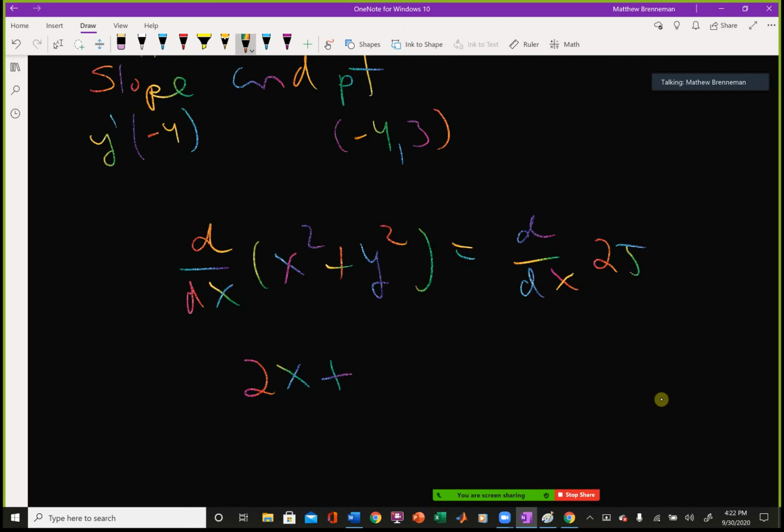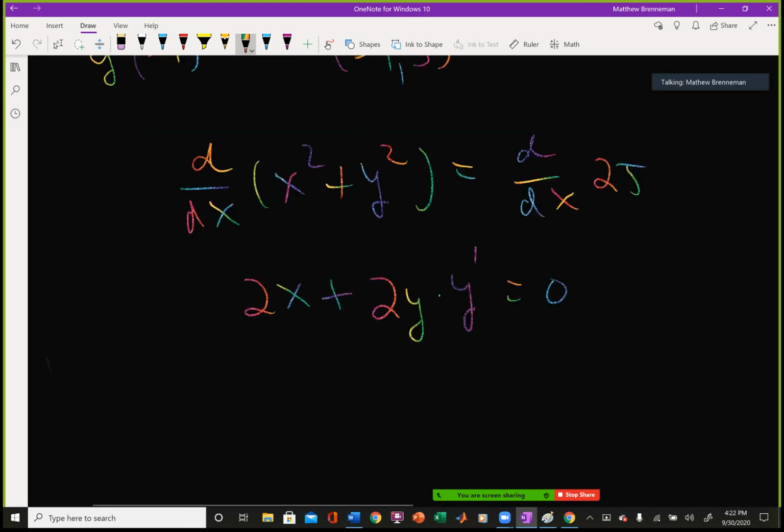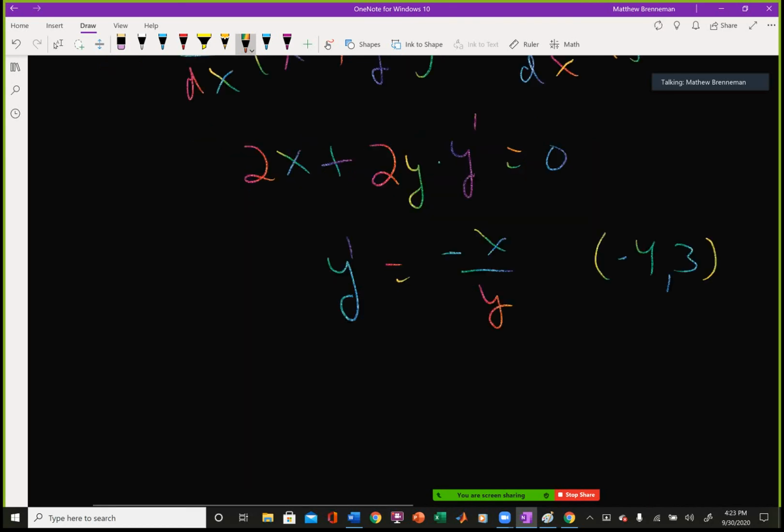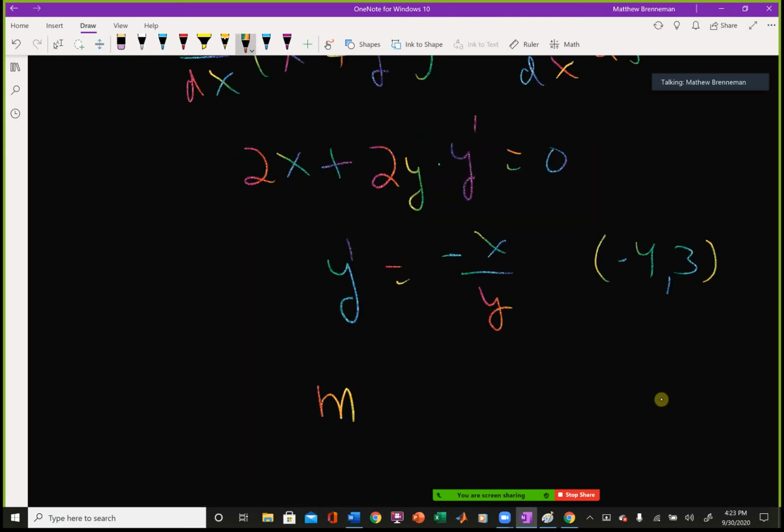So first I take the derivative of y squared with respect to y, which is 2y, and I multiply it by y prime, and I get 0. And when I solve for y prime, I'm going to get minus x over y. And the x coordinate and the y coordinate I'm interested in is minus 4, 3. So the slope of my tangent line is going to be minus 4 over 3, or 4/3.